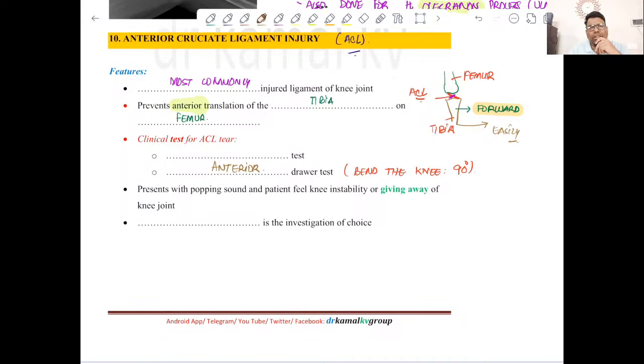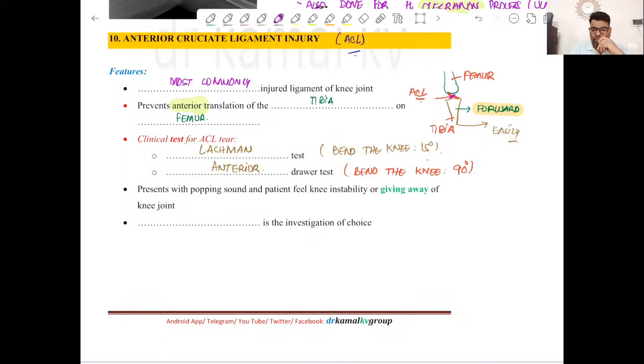Now what happens when there is an ACL tear? There is already so much pain, the patient does not allow bending this much. So we can do another test where we need to bend the knee joint to only around, say, 15 degrees, and the principle is the same. We are checking the anterior translatory movement of the tibia over the femur, right?